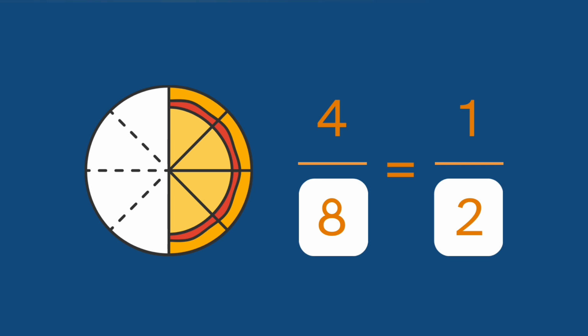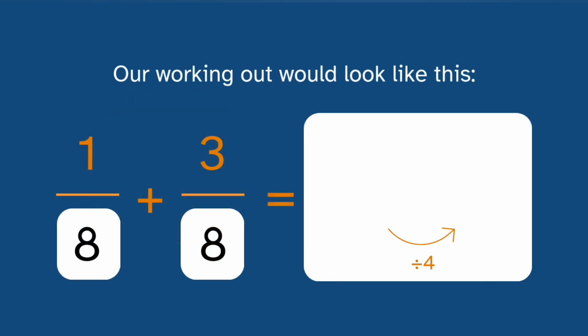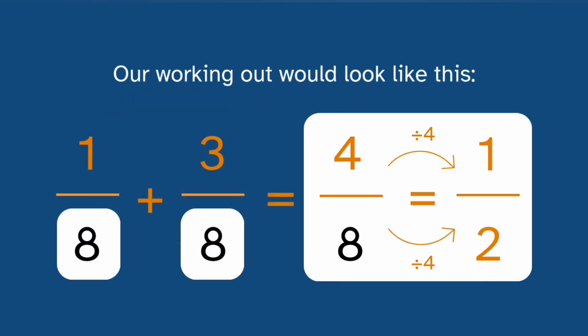By dividing both the numerator and denominator by 4, we can further simplify this. We divide 4 and 8 by 4 to get the result, which is 1 by 2. Okay, this is the simplest form of the fraction.